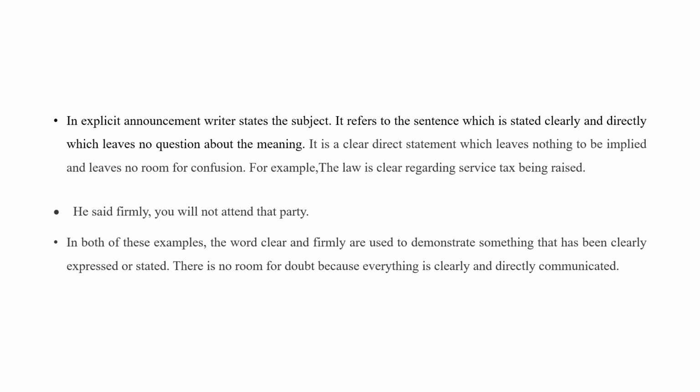He said firmly, "You will not attend that party." In both these examples, the words clear and firmly are used to demonstrate something that has been clearly expressed. There is no room for doubt because everything is clearly and directly communicated.